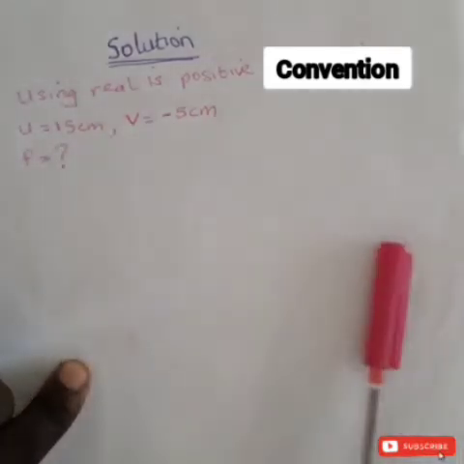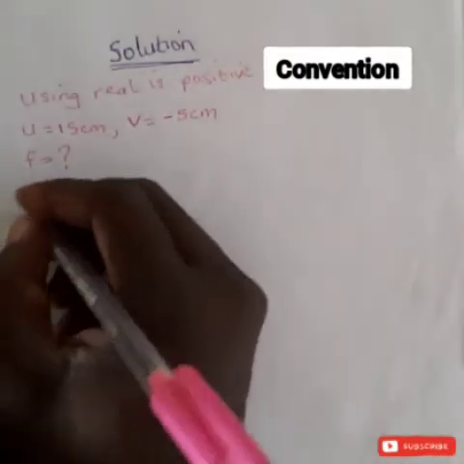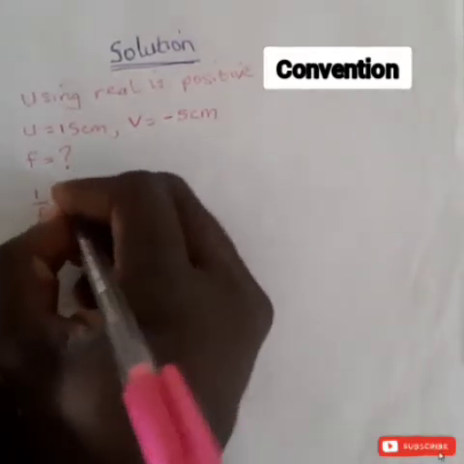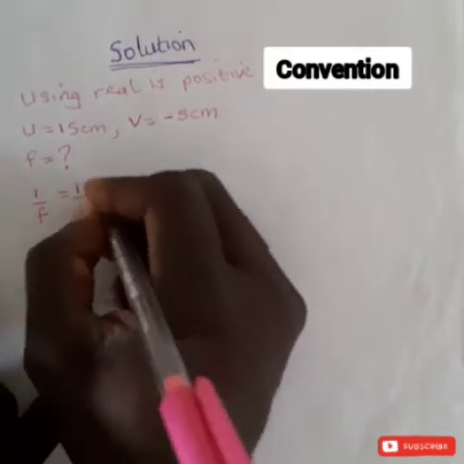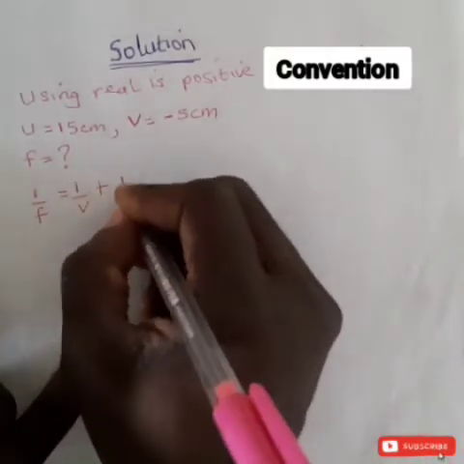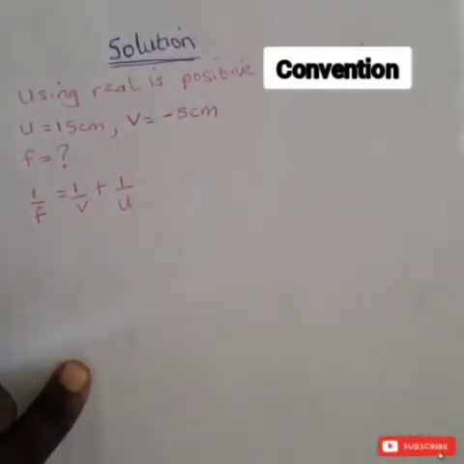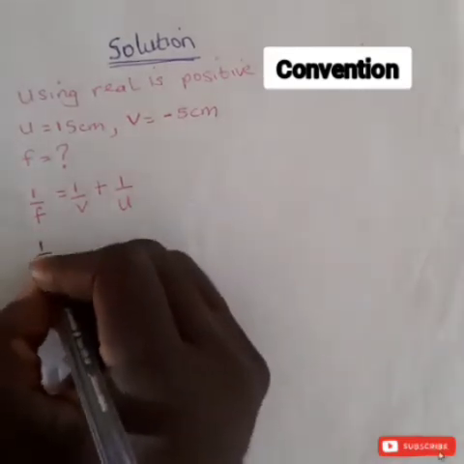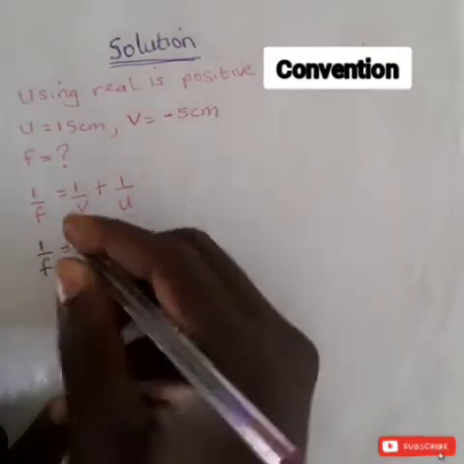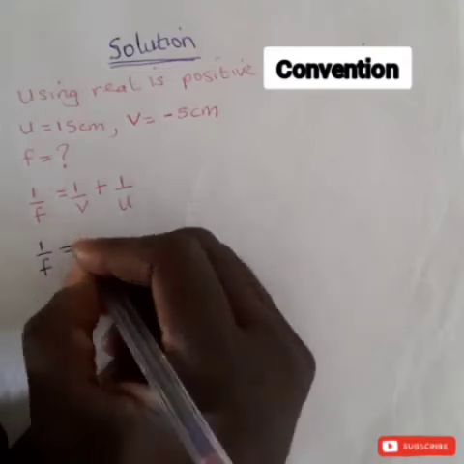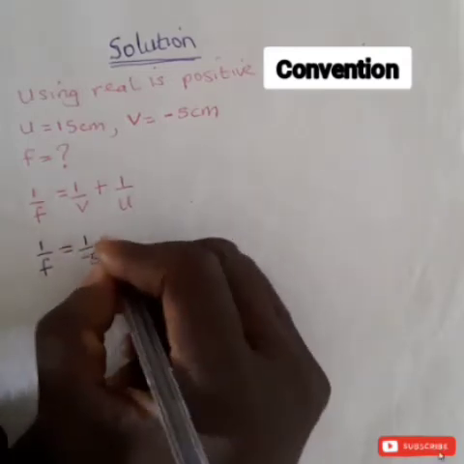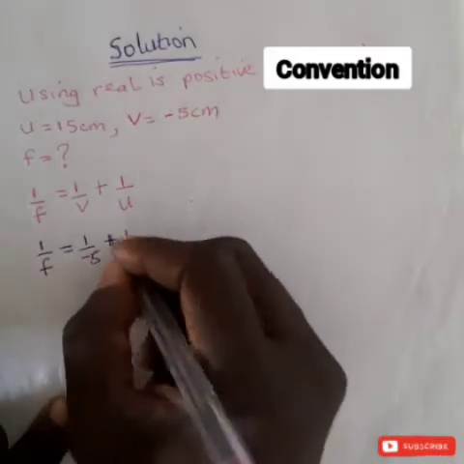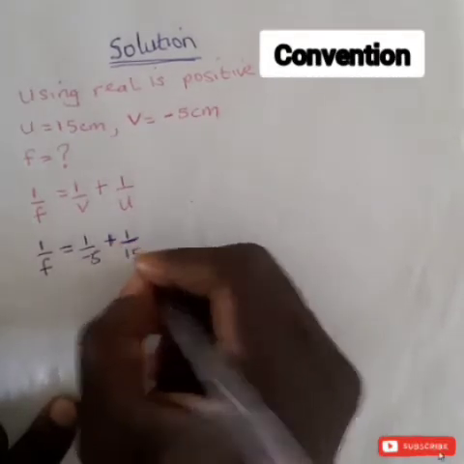So to find the focal length, I'm going to use the mirror formula. 1 over f is equal to 1 over v plus 1 over u. So remember, we already know that this is our mirror formula. So I'm going to have 1 over f is equal to 1 over minus 5 plus 1 over 15.